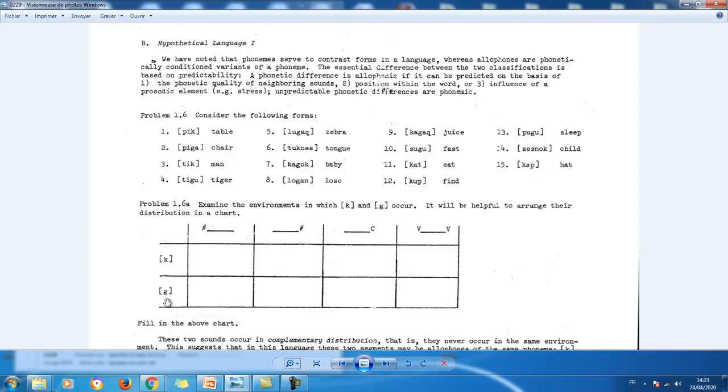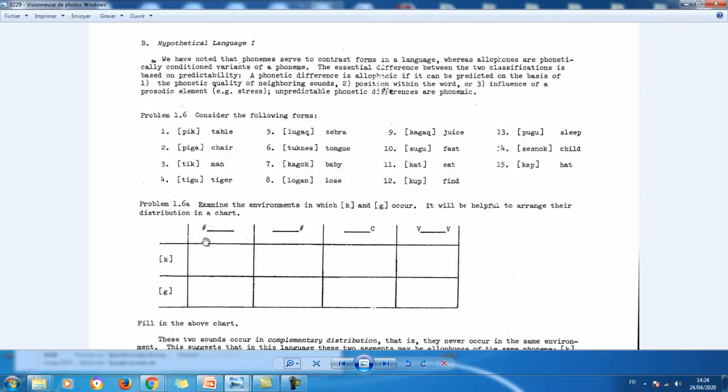Now, g. Where do we have g? Here it's between two vowels. We have to put the check in here. Now, is it found before a consonant? Look. No, it's not found before a consonant. Is it found final? Is g in the final position in these words?